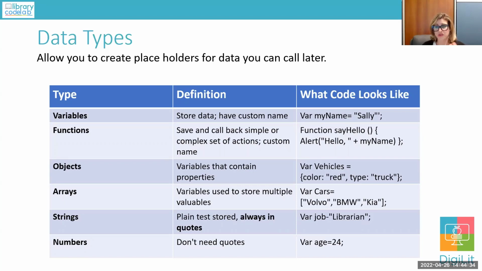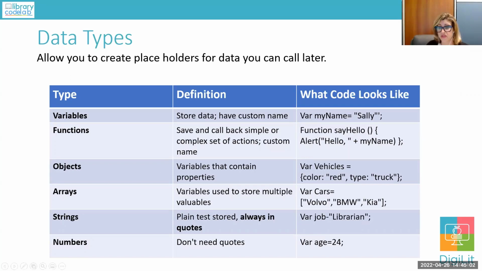Functions are just saving and calling back more complex sets of instructions that you can use over and over again. Objects are variables that have properties or collections of related data. They're also separated by commas, and they're written with curly brackets.